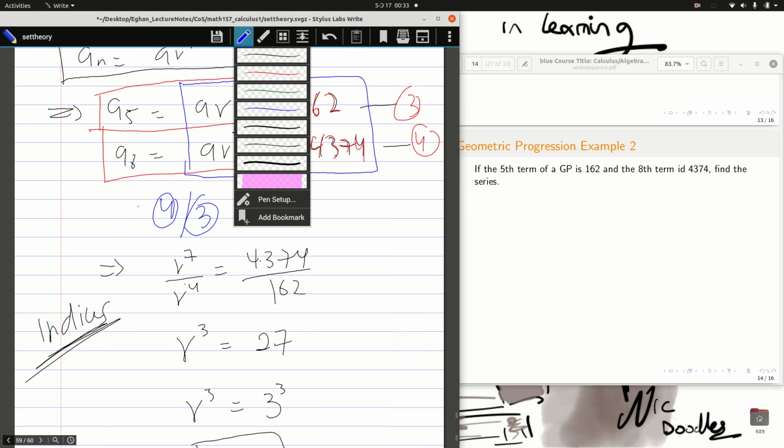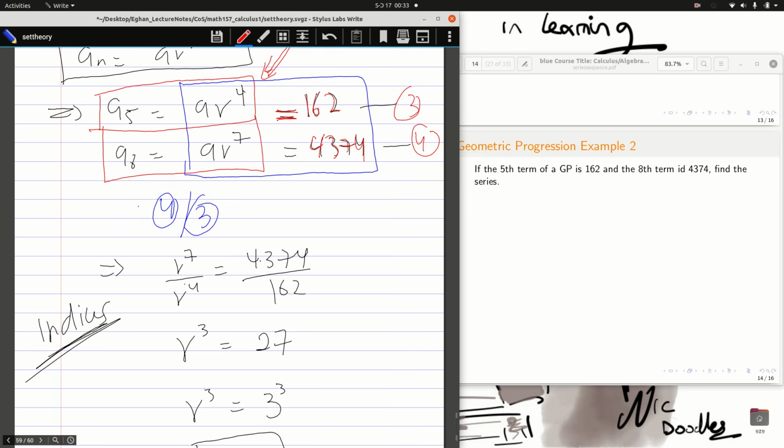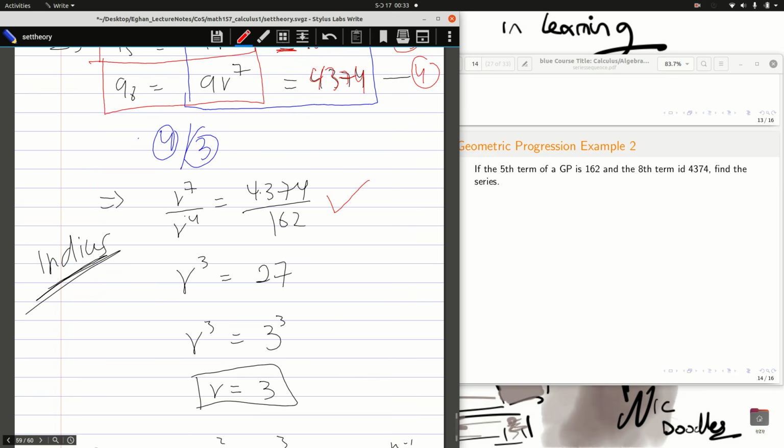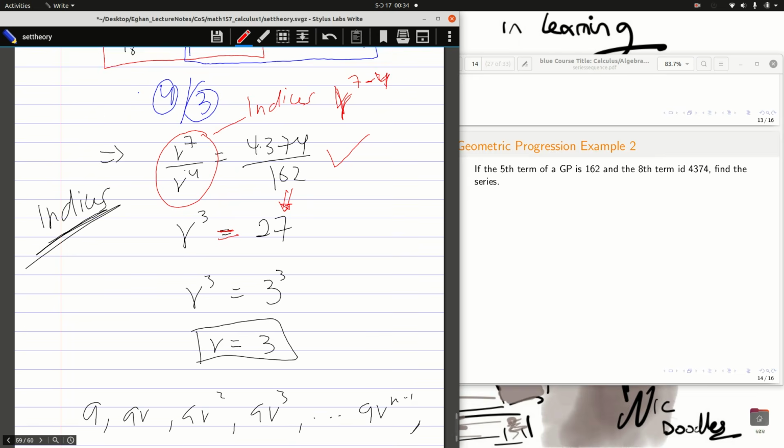I've changed the marker to blue. I'll have this. You can easily verify that by indices. I have r to the power 7 minus 4. I hope you've not forgotten that. And this will give me r to the power 3 equal to the division here by calculator. I get 27.